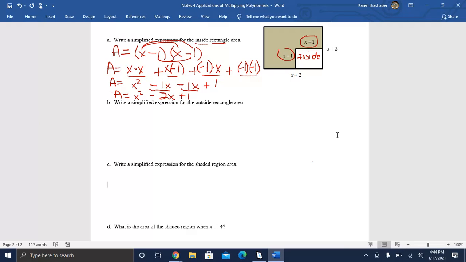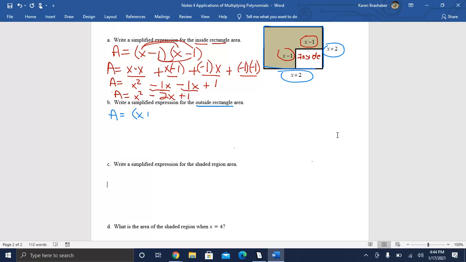Okay, next you're asked to find the outside rectangle area. Now the outside rectangle area is found by doing the bigger looking rectangle. Its dimensions are given by x plus 2 times x plus 2.